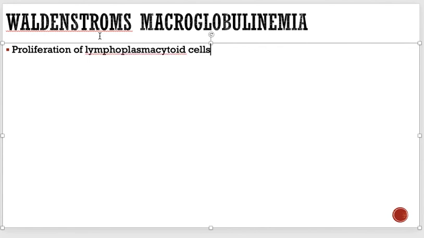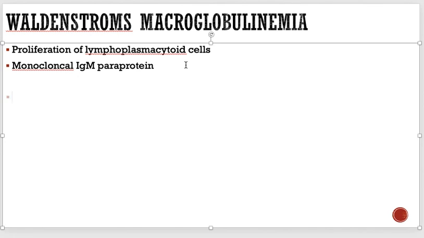Okay, and they have the presence of monoclonal IgM paraprotein. Okay, what they have? IgM paraprotein proliferation. Okay, monoclonal, of course, monoclonal IgM paraproteinemia.